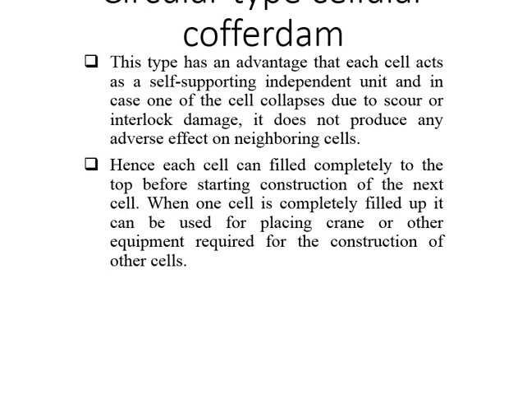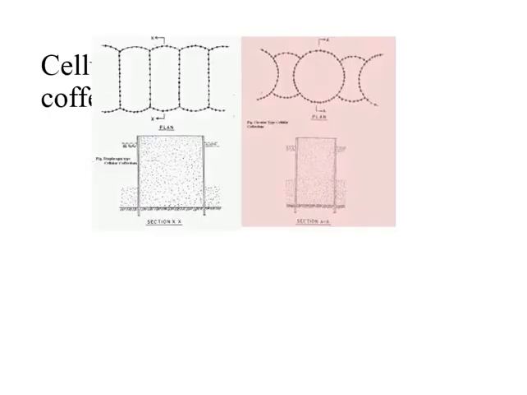This type has the advantage that each cell acts as a self-supporting independent unit, and if one of the cells collapses due to scour or interlock damage, it does not produce any adverse effect on the other cells. This is related to the diaphragm type cofferdam.